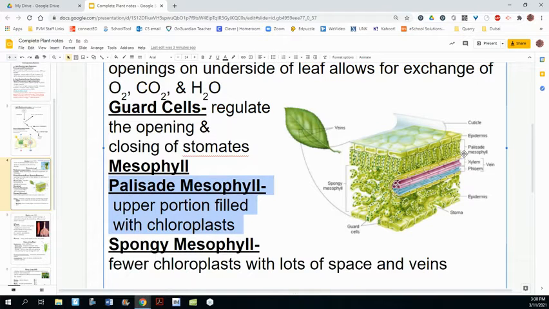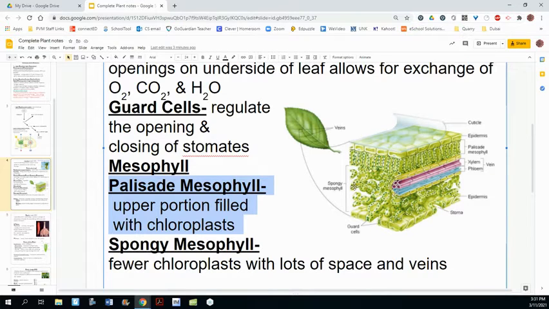If you think of a palace, it's going to have big, tall towers. The palisade mesophyll is tall plant cells all stacked one next to another right underneath the epidermis, and this is loaded with chloroplasts because this is where the majority of photosynthesis occurs.